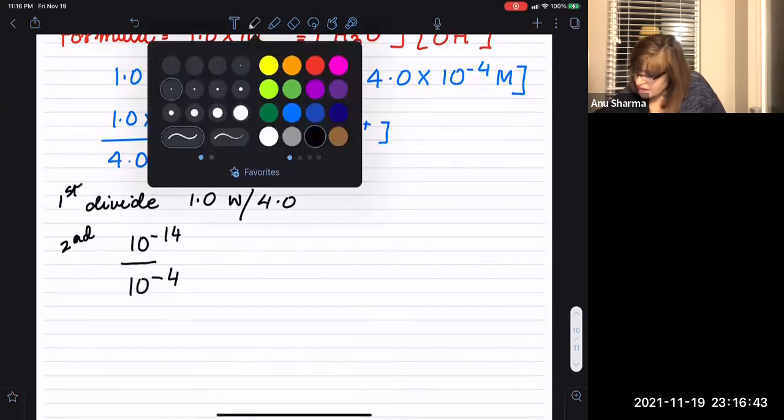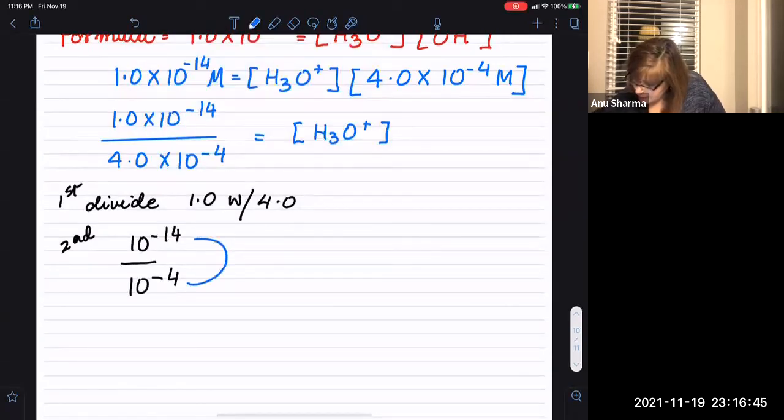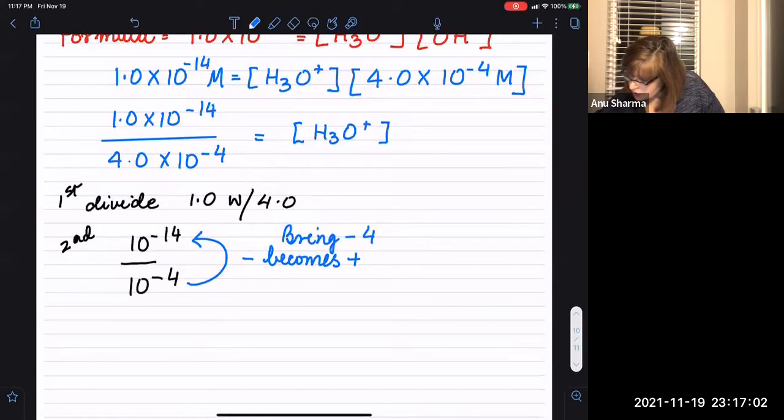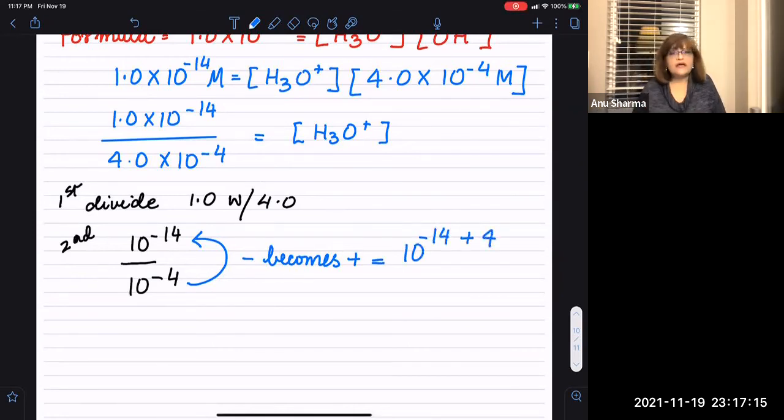When you bring this up from the denominator to the numerator, the negative becomes positive. The arrow explains everything. So this becomes 10 to the power negative 14 plus 4. Either use the scientific calculator or do it manually this way.